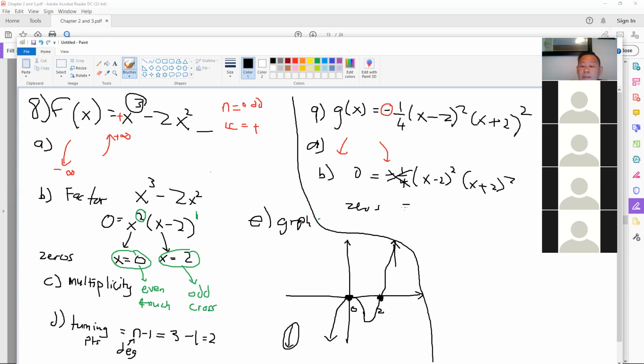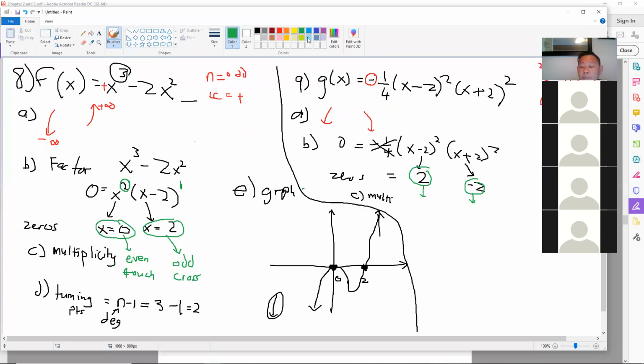So the zeros in this case are what? 2, and what's this one? -2. That will be your zeros, right? And can someone tell me what is the multiplicity here? So for 2, is the multiplicity even or odd?